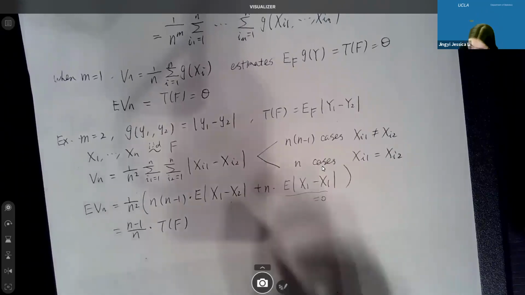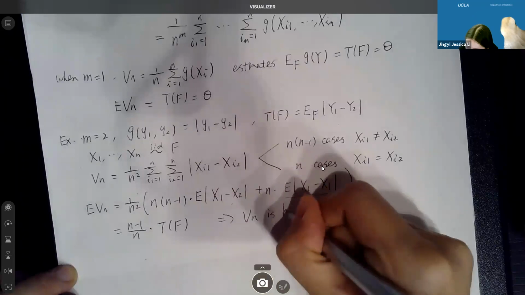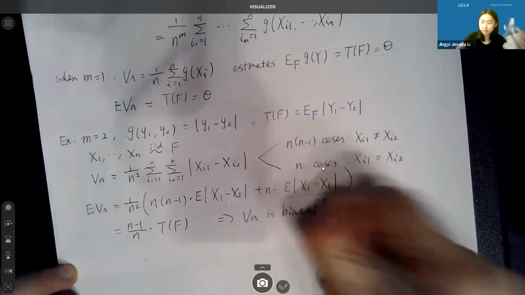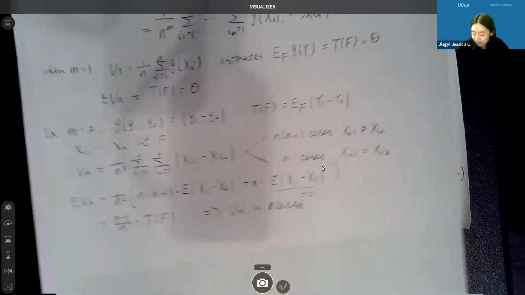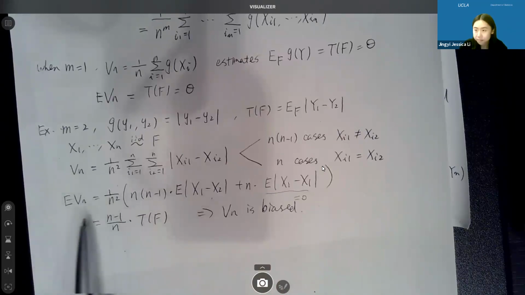So this tells me Vn is biased. Even though we can say the bias will go down to 0 as n goes to infinity, because n times n over n minus 1 over n converges to 1, but without talking about asymptotics, just with a finite n, clearly Vn is a biased statistic.